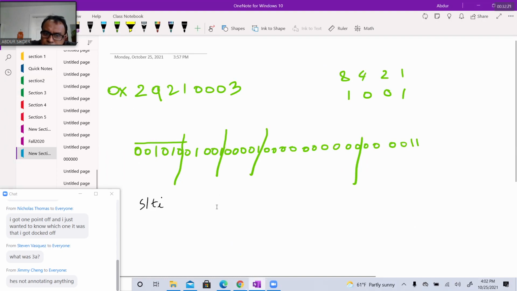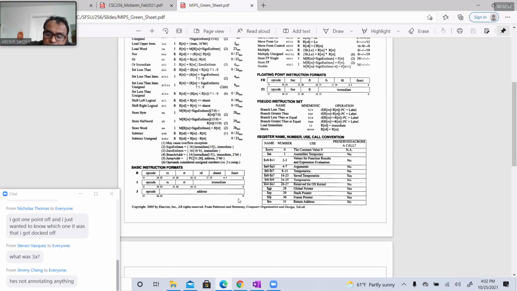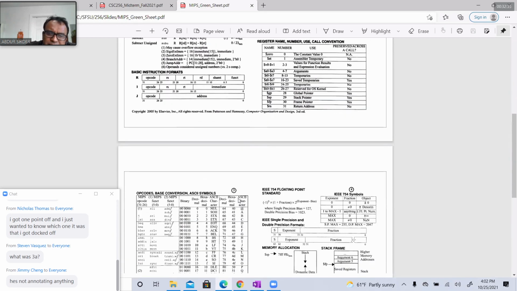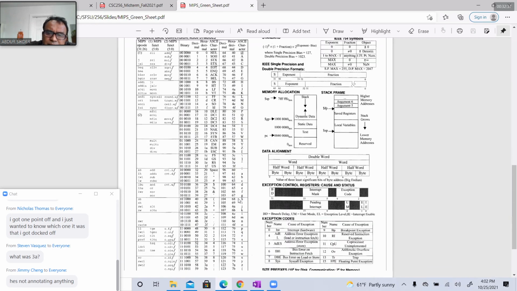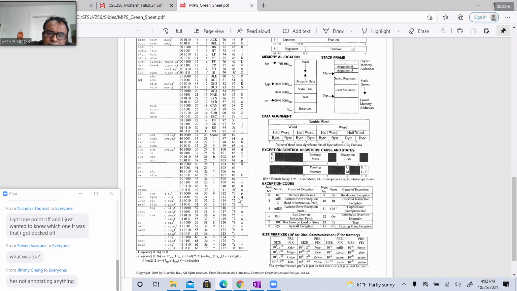These two. So you see that 0 1 0 0 1. Go back to the sheet. Basically 0 1 0 0 1 is how much?